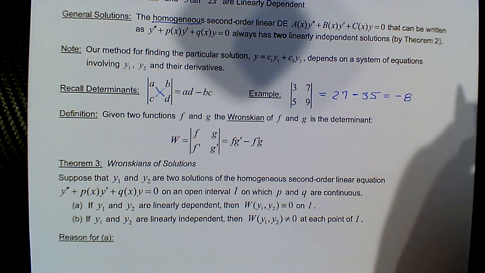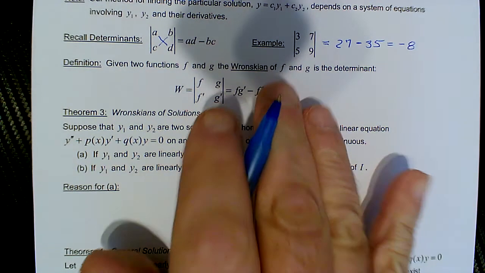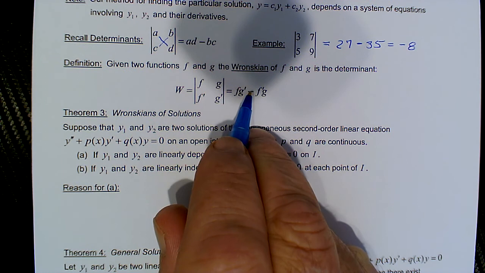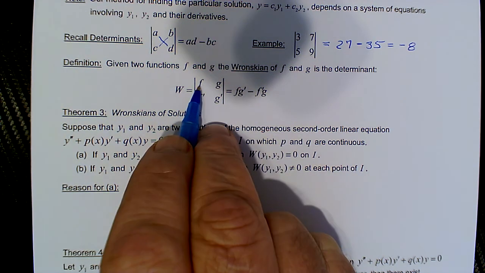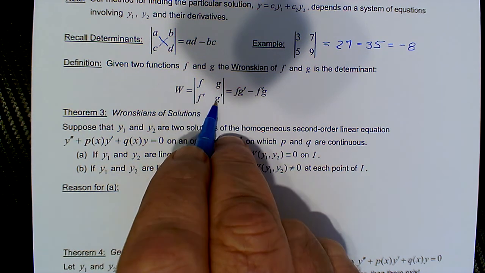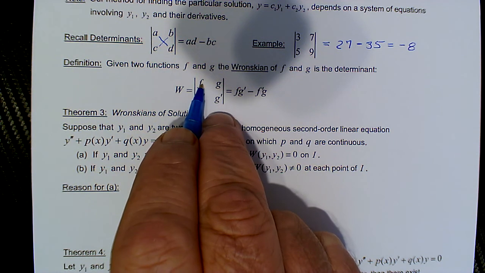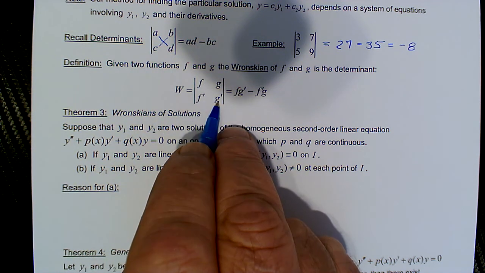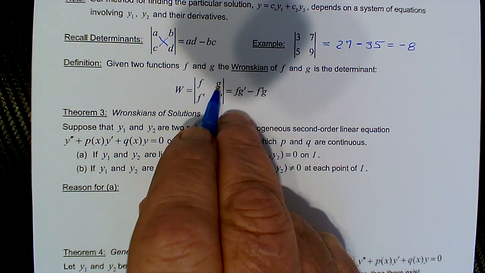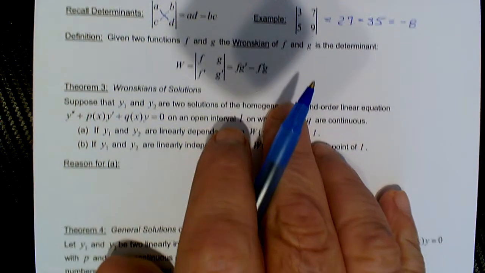And that leads us to a definition of what we call the Wronskian. It's the determinant formed by taking the two functions in the first row and their respective derivatives underneath in the second row. And then you could see by the determinant calculation it would be f g prime minus f prime g. And we have a theorem regarding the Wronskians of solutions.